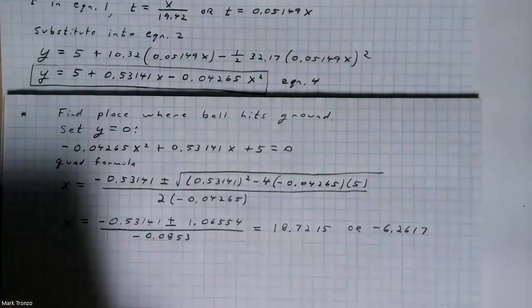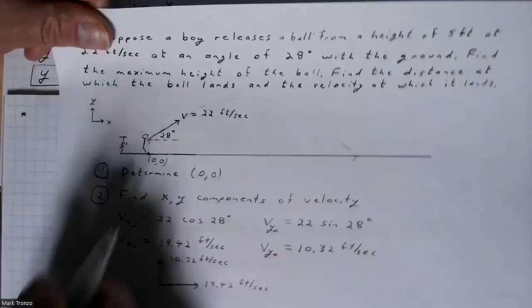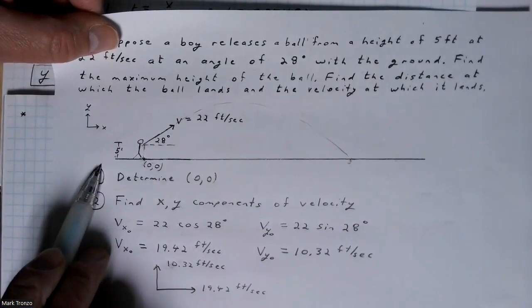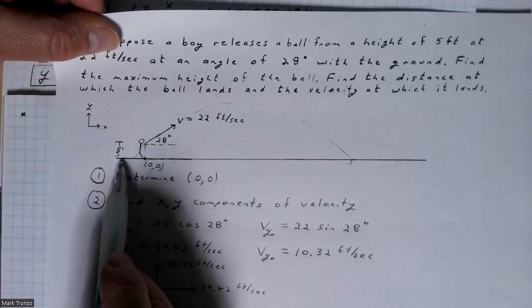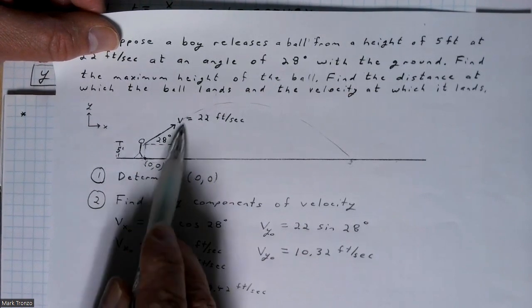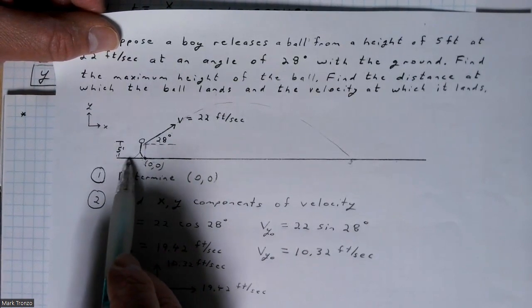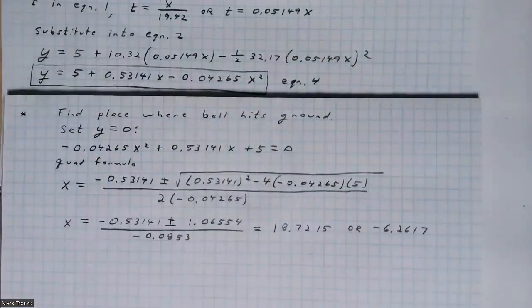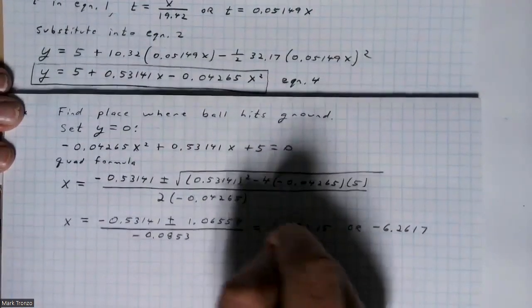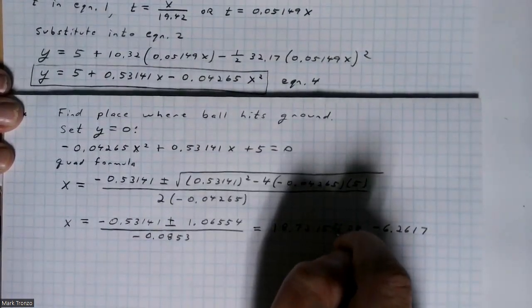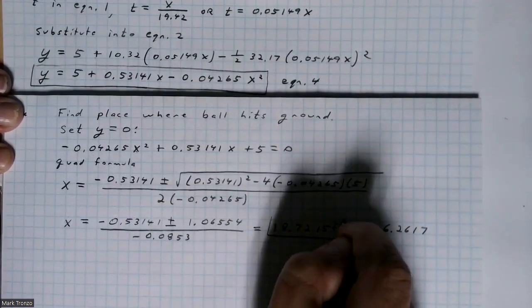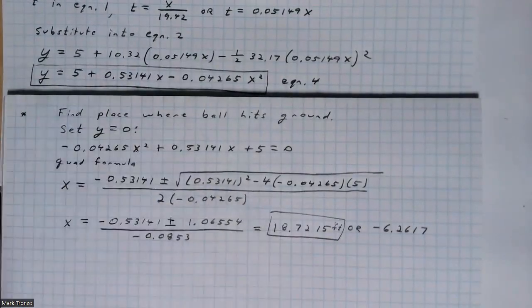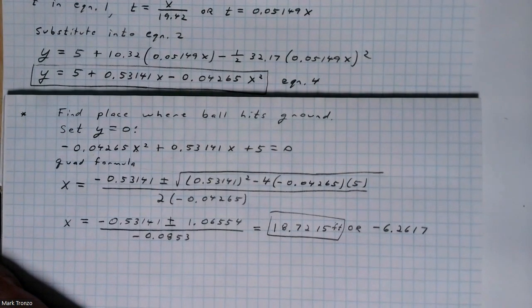Now the negative x would be back here, so it's kind of looking back in time. If you were to plot this backward, it's showing where the ball would have come from if it had followed this path in the opposite direction. So the negative is not relevant in our case here. Therefore, what we're interested in is this one here, 18.7215 feet.